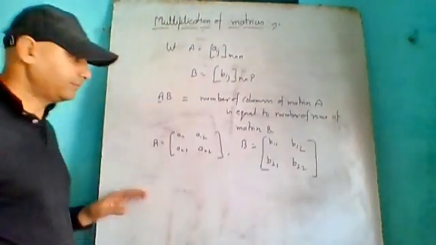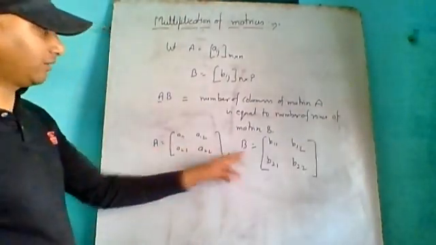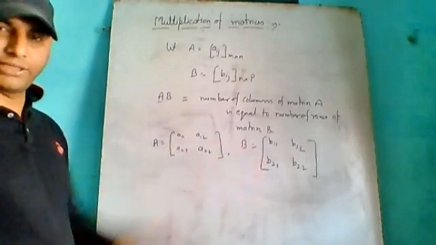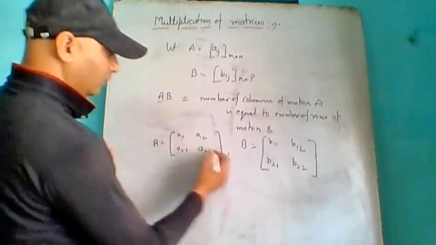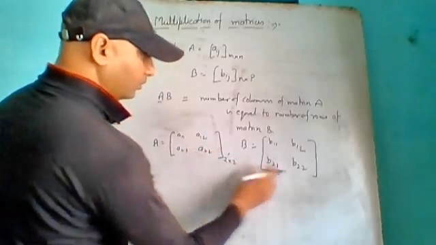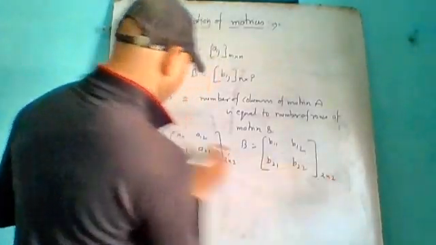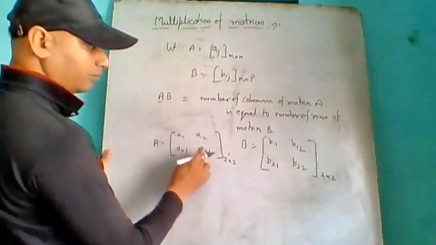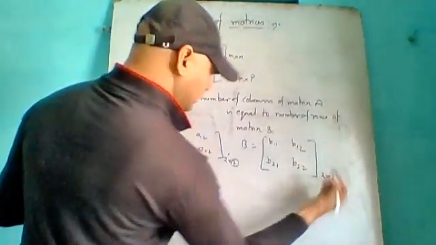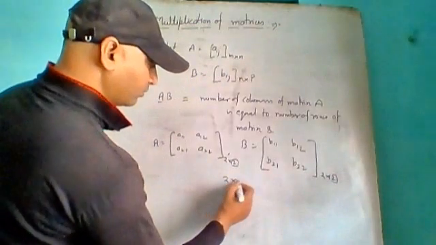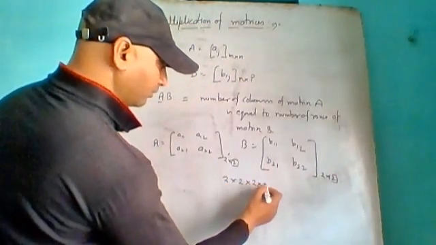For example, the multiplication of matrices A and B, how can you define it? According to this, the order is 2 by 2 and again 2 by 2. Number of columns is 1 and 2, so the number of columns is 2. Simply you can write this as 2 by 2 into 2 by 2.